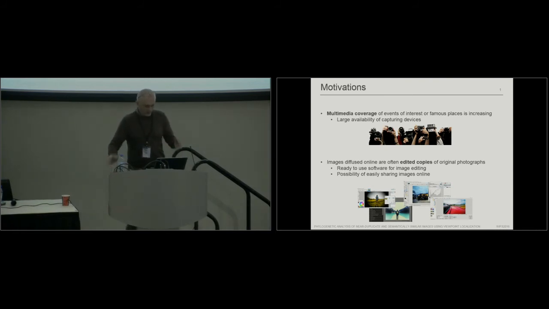Therefore, there are images that are semantically similar to one another, but not near duplicates. At the same time, in the same pool of images relative to the same event or place, there can also be images that are an editing of other images still present in the pool.